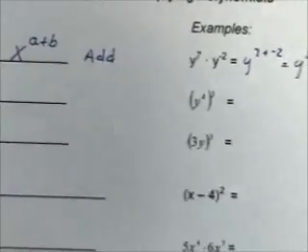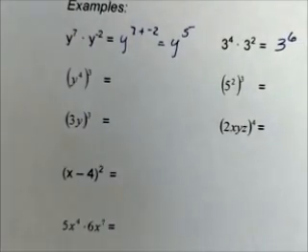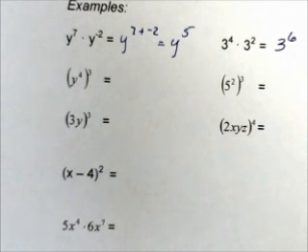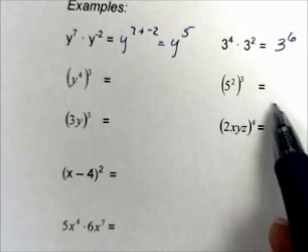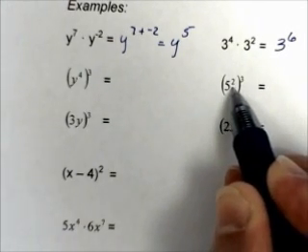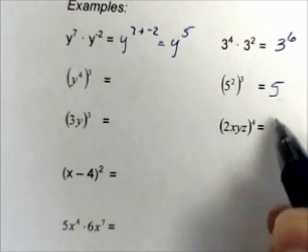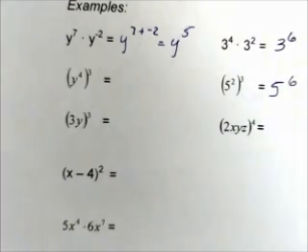The next example, starting at the right, 5 to the 2nd raised to the 3rd. Well, that's 5 to the 2nd times 5 to the 2nd times 5 to the 2nd. Or, when you have a power to a power, you multiply the exponents. So this would be 5 to the 2 times 3, which is 6.